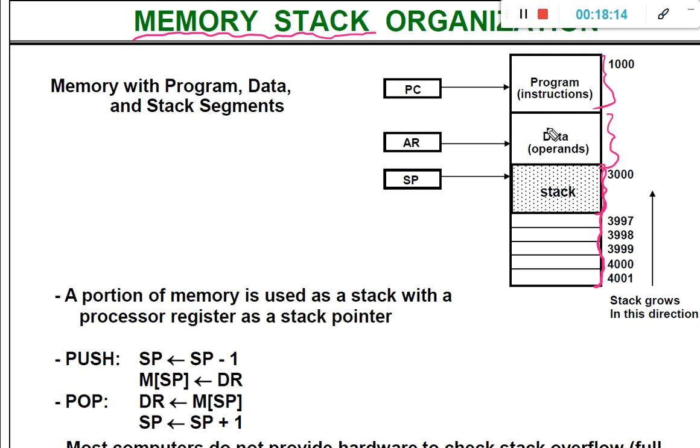The data is actually stored in the main memory. Now in addition to that, we are going to bifurcate the main memory into a stack. However, here the stack is implemented in a different fashion. What is that? The stack is located from the address 3000 to 4001.